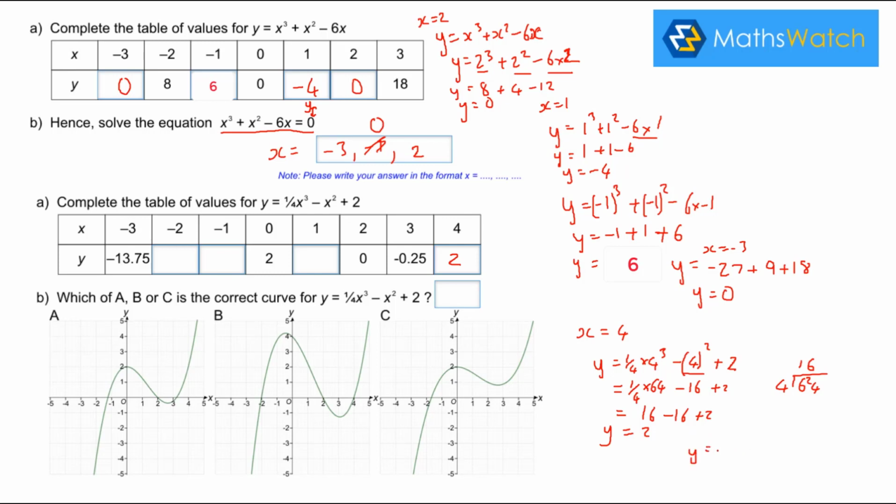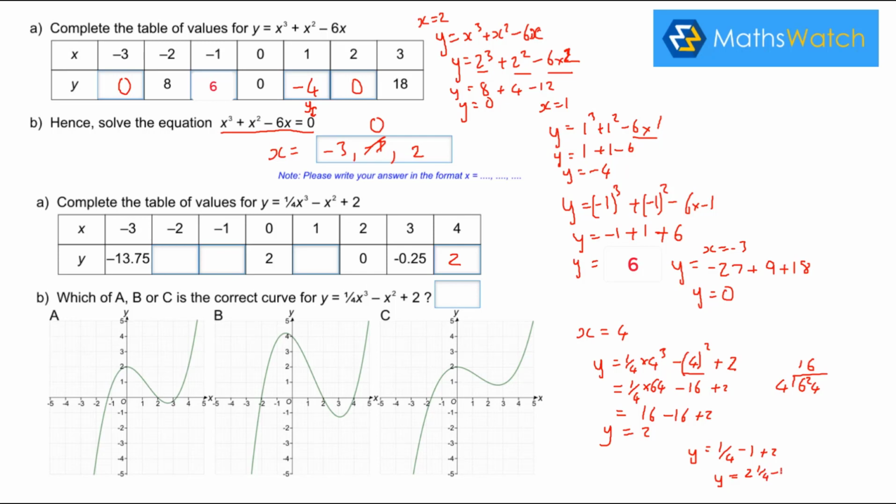So when x equals 1, that's going to be easy, because you're going to get y equals a quarter times 1, which is a quarter, because 1 cubed is 1. So you're going to get a quarter minus 1 plus 2. Now what's this?